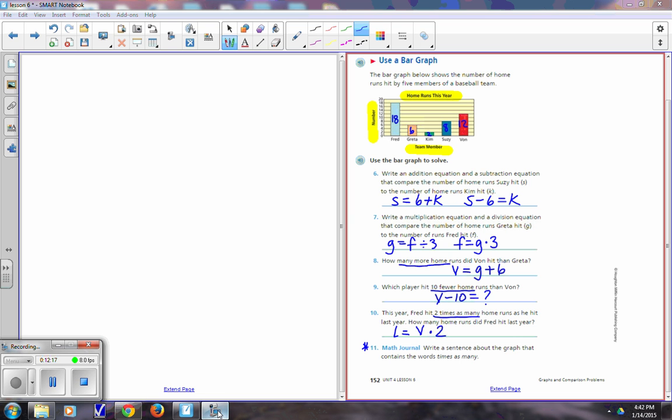So you have to plug in the numbers. You know how much Vaughn hit. You know how much Greta hit. So plug in those numbers from the graph, and you have your answers for 8, 9, and 10 for your form.